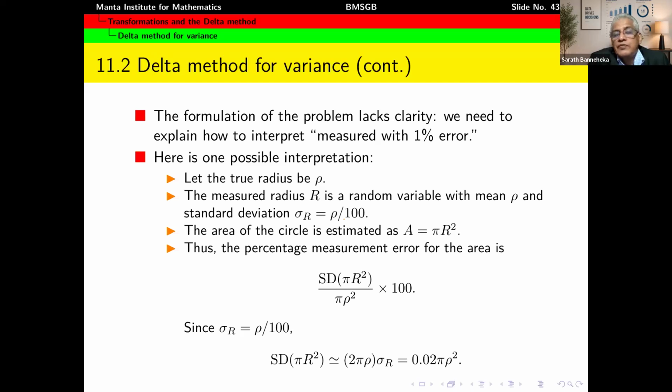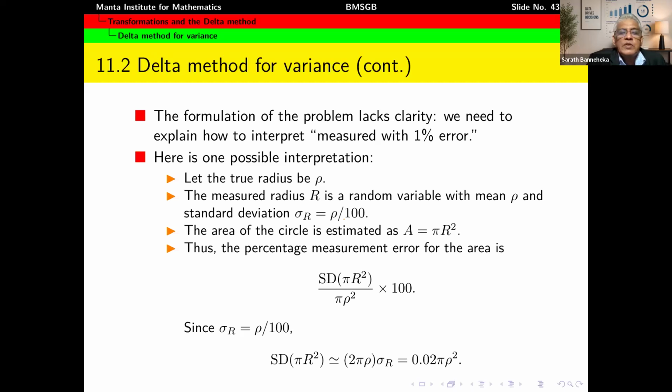The area of the circle, if the radius is equal to r, the observed value is r, we will calculate the area as pi r square. So that's actually a transformation of r, pi r square.